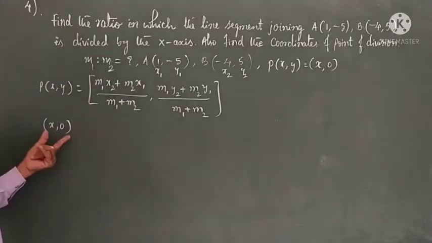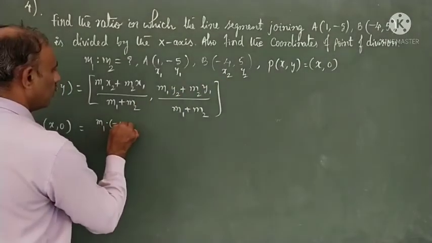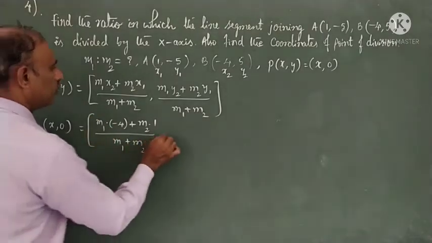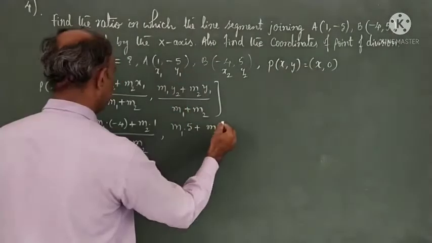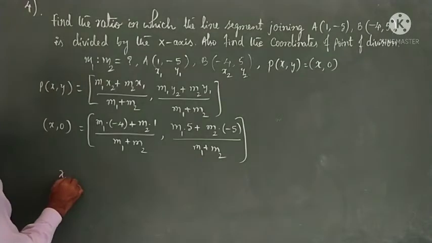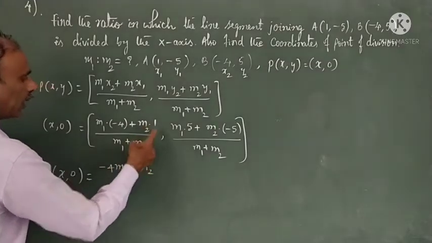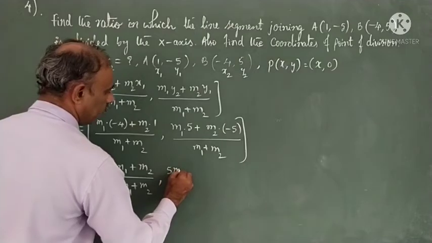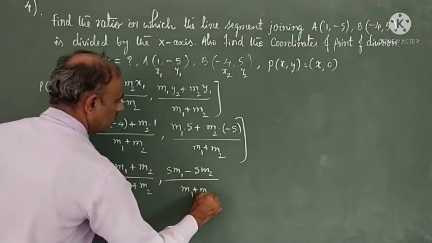The line divides the x-axis, so the point of division is (x0, 0). Substituting, x0 is equal to (m1 into minus 4 plus m2 into 1) divided by (m1 plus m2), and 0 is equal to (5m1 minus 5m2) divided by (m1 plus m2).